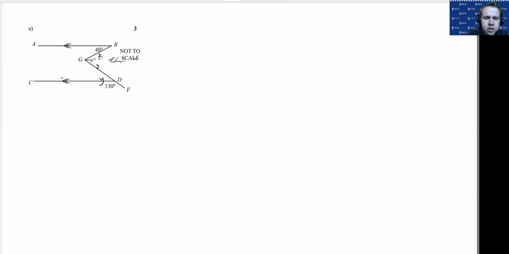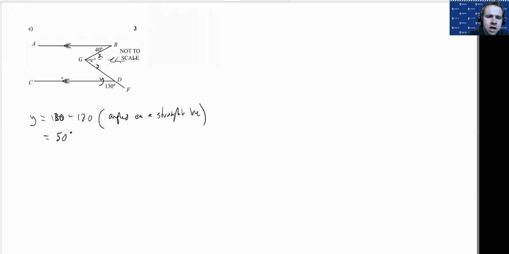So I can say that y equals 180, sorry, minus 130. My reason being angles on a straight line. So I know that that's going to be 50 degrees.